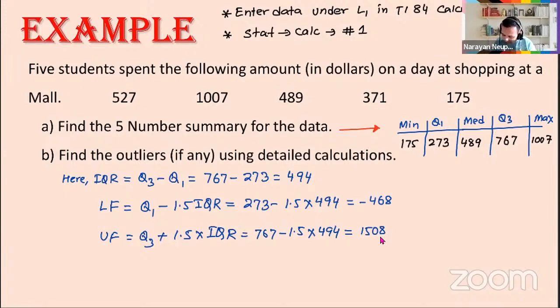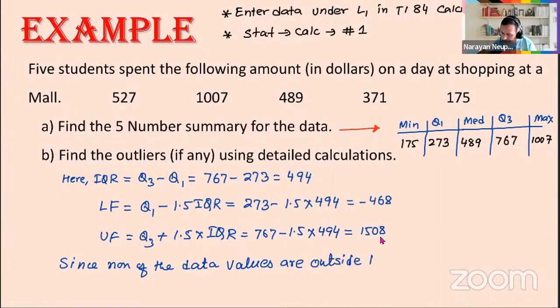So we say, since none of the data values are outside the fences, there are no outliers.